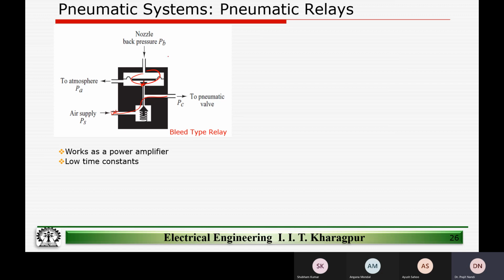Let's say PB, the back pressure, the signal that we are feeding back, is equal to some proportion K times PC, the control signal. As long as this does not need to shut off the complete airflow, there will be some air always leaking to the atmosphere, and hence this is known as a bleed type relay.